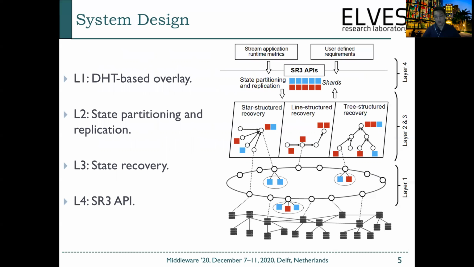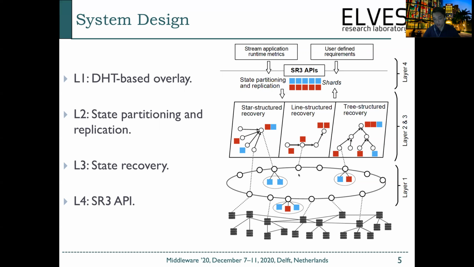So this is the proposed system design of SR3. It is a layered design. From the figure on the right, we can see we name four layers for this system. The bottom one is the DHT-based overlay. DHT stands for distributed hash table. We form the physical servers into the DHT-based overlay network.